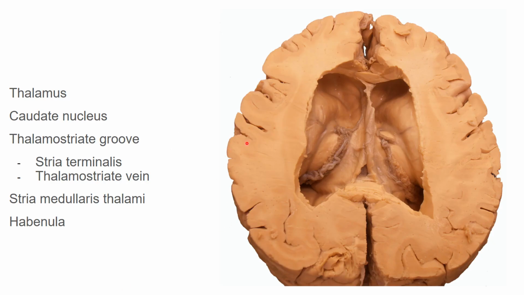Okay, so now we're going to look at the thalamus from a little different angle. Here's the thalamus. We're looking down on it from sort of a Klingler dissection. Our thalamus here, we can see this is about where the foramen of Monro is, opening into the third ventricle. And then our posterior commissure is hidden right here, but that's going to be about our posterior border.